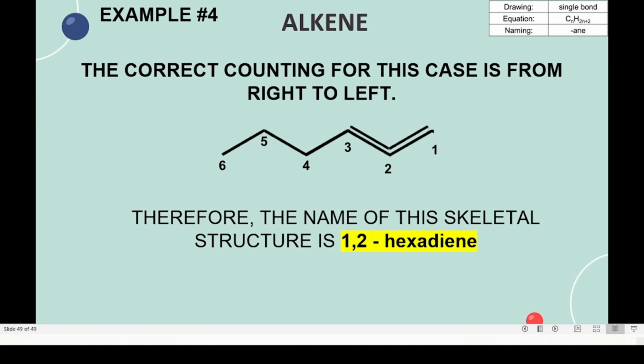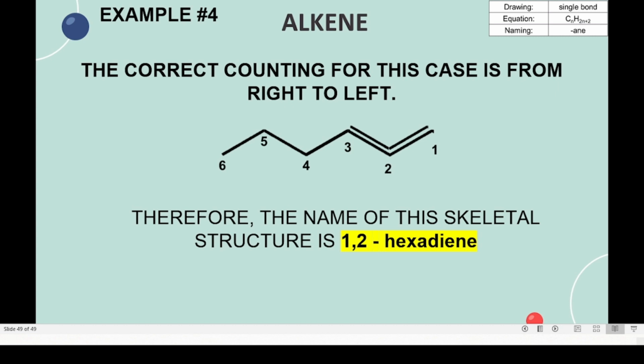Remember this. If you are the one making a full structure or skeletal structure, then you must count first from the left side.